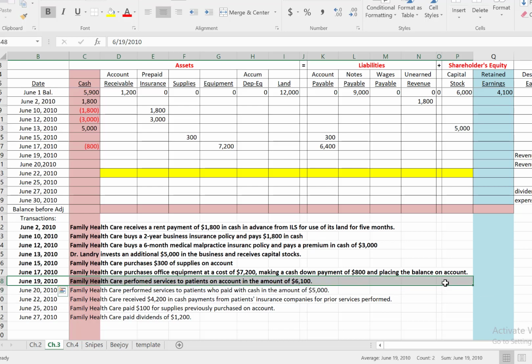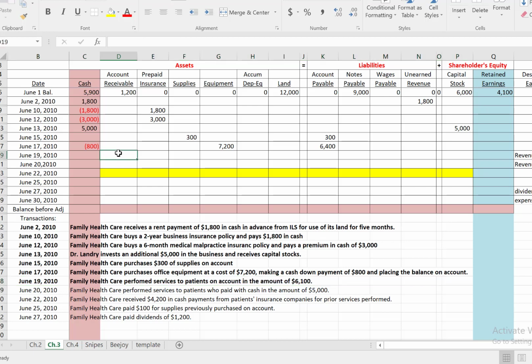Family Healthcare performs services to patients on account for the amount of $6,100. So on June 19th, since the customer is putting it on account, we now have an accounts receivable of $6,100, and this is revenue.